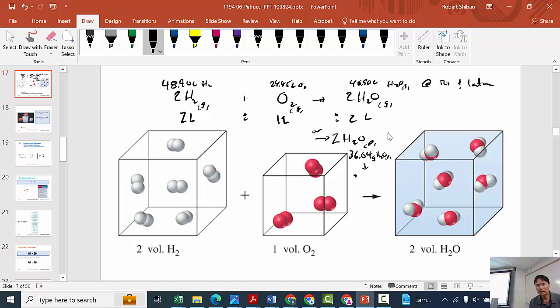The volume of this is going to be 36.04 milliliters of H2O liquid, which is going to be 0.03604 liters of H2O liquid. And so I did this using the molar volume so I could quickly calculate the volume of liquid water. The volume of liquid water is going to be 0.036 liters and not 48.90 liters. It's all going to condense into the liquid phase.